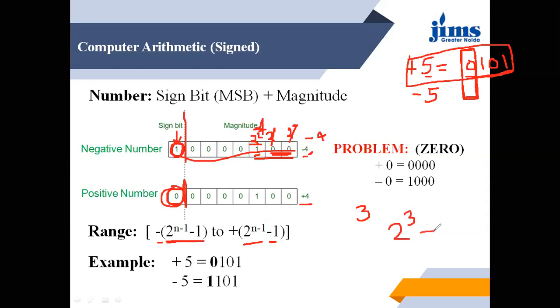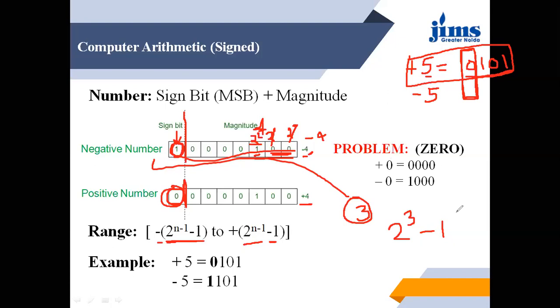minus 1. As this is a 4-bit number and the first bit we are using for the sign, we are considering only 3 bits to save the number, because the first bit saves the sign and the rest of the bits save the magnitude of the number. So when we have a 4-bit number, it means we can store only 3 bits.